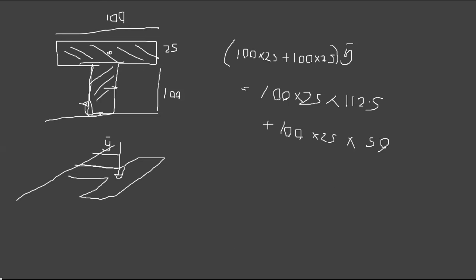So I can cut 112.5, this is going to be 2 times that. So 12.5 plus 50, and I can divide it by 2. That's going to give you 81 point something, right?